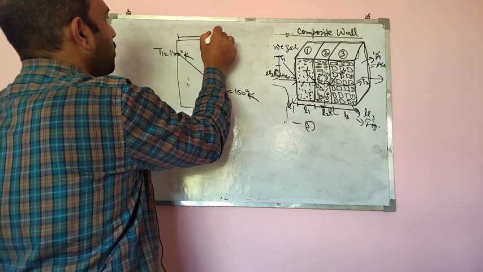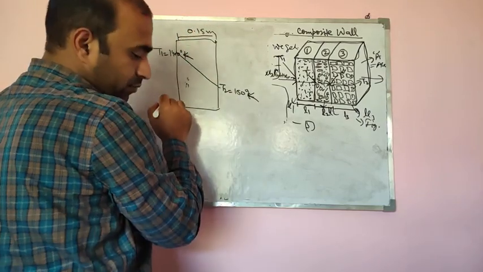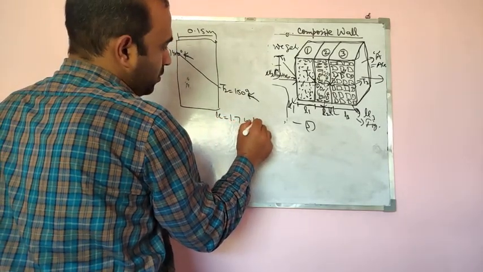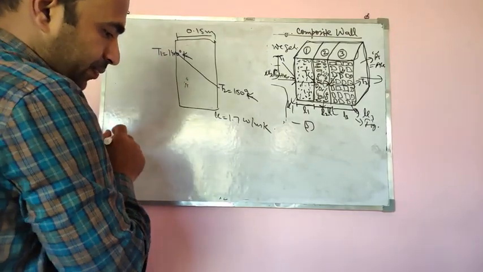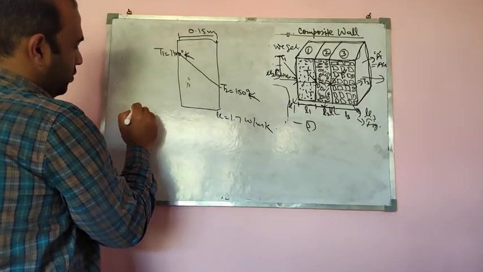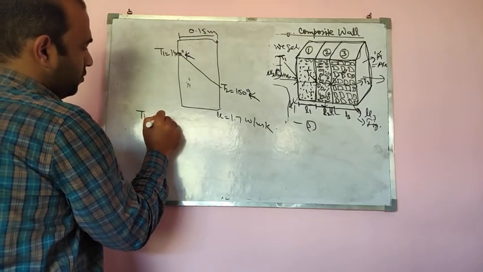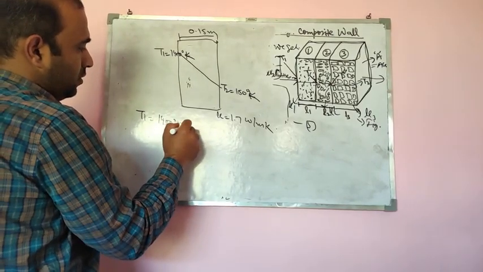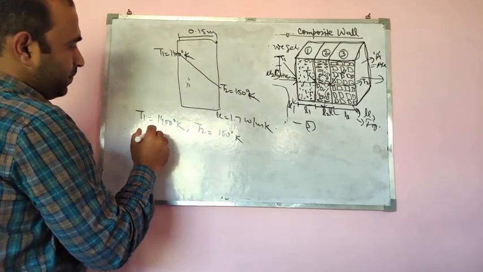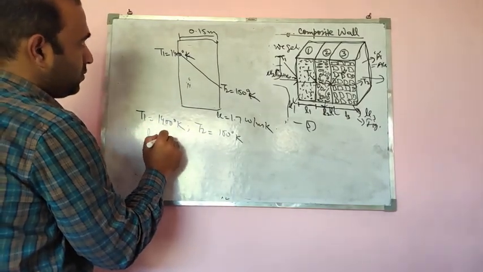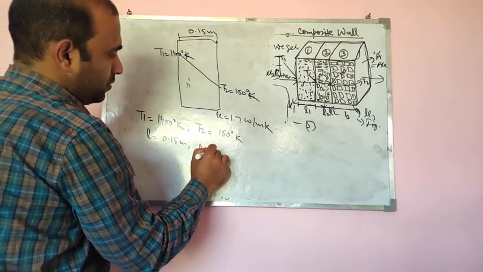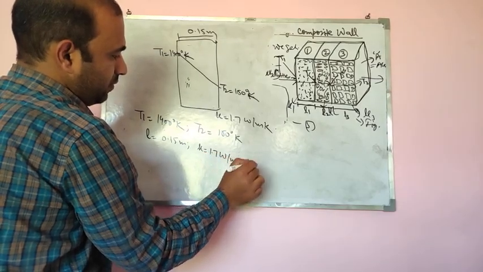And the thickness of the wall is 0.15 meter, and the thermal conductivity is given as 1.7 watt per meter per Kelvin. So in this case, T1 is equal to 1400 Kelvin, T2 is 150 Kelvin, L is equal to 0.15 meter and K, the thermal conductivity, is 1.7 watt per meter per Kelvin.